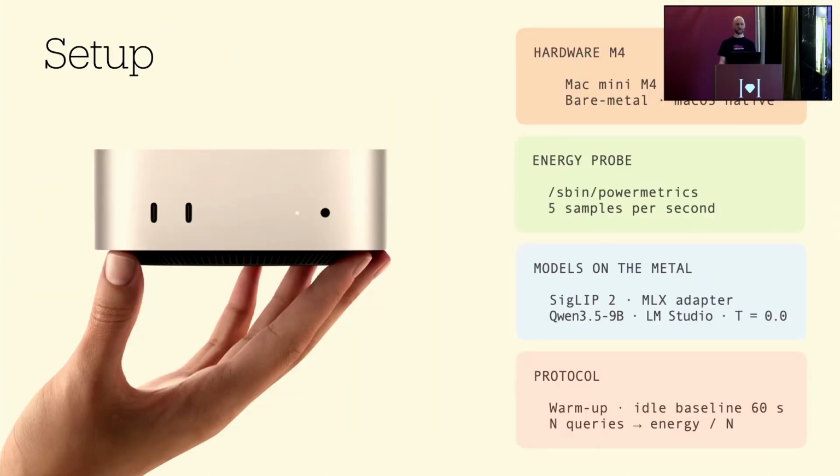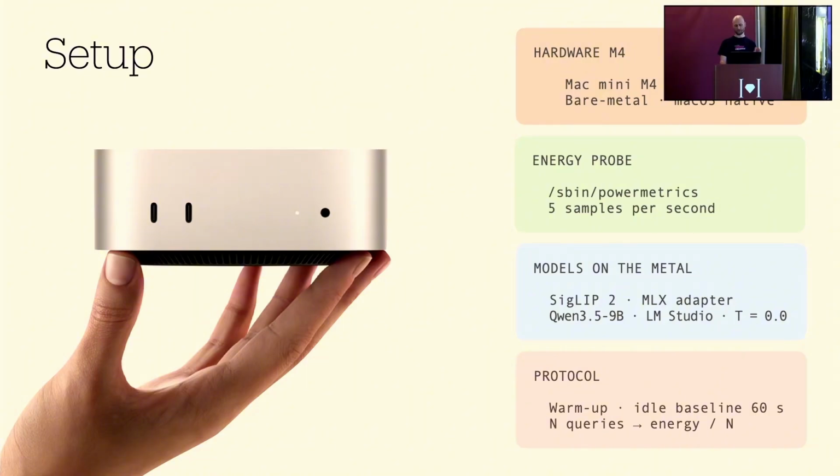The setup: we rent a Mac Mini Pro M4 with 32 gigabytes, hosted, bare metal, no virtualization, no shared cores. The power probe is the powermetrics tool from Apple. We sample 5 times per second the chip power model of the Mac Mini.